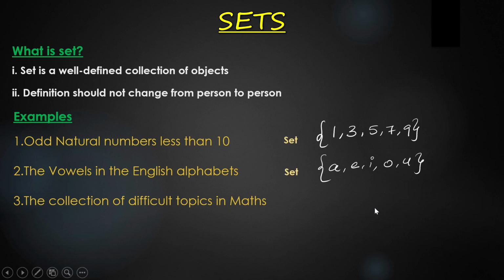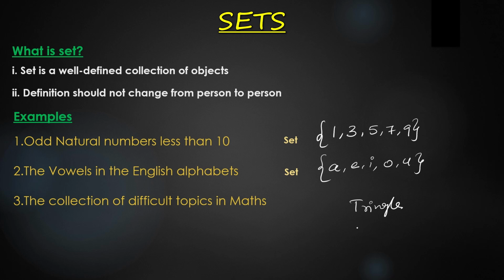And the third one, if you observe, is the collection of difficult topics in mathematics. How do we know what the difficult topics in maths are? For someone, triangles would be a difficult topic.